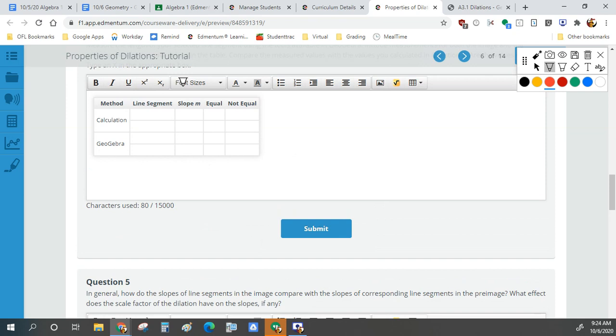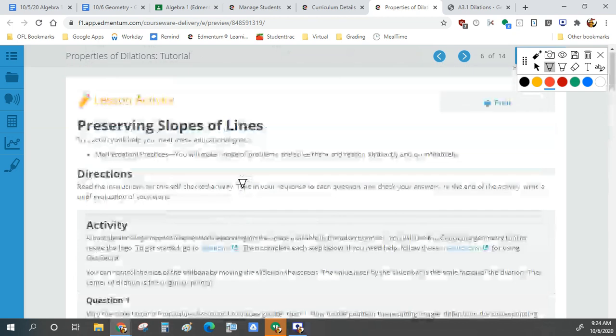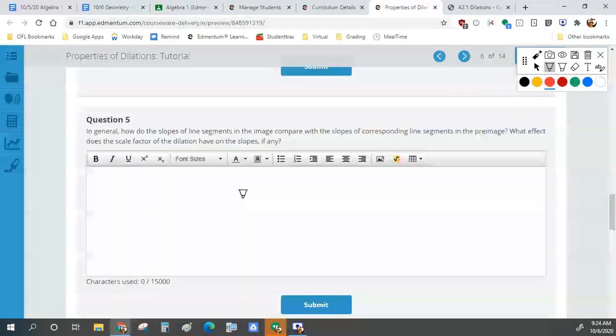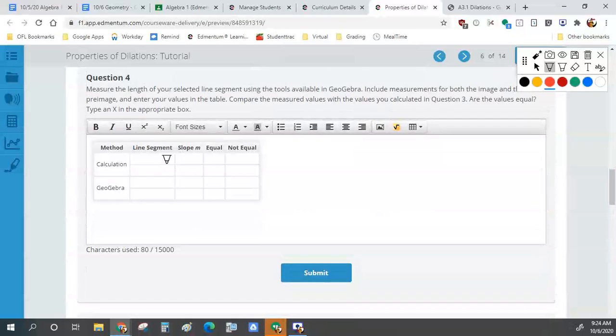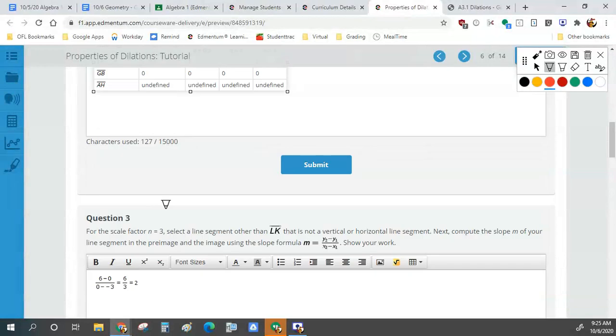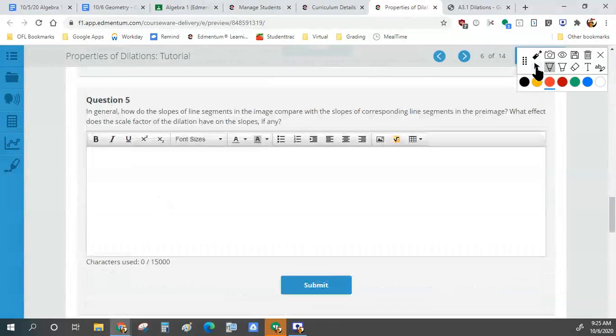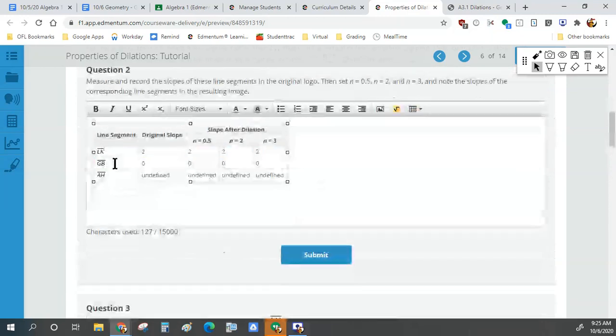To me, I don't understand why they want us to do this. We already proved that they're the same. So you can pick any lines you want. I recommend just copying these lines over here. Just do this exact same lines. Why do more work when it's just repetitive work for repetitive sakes?